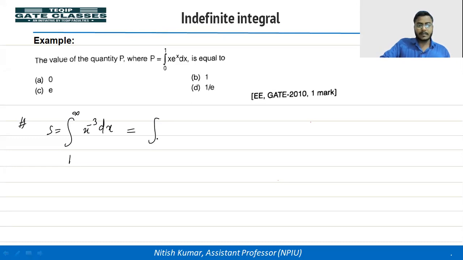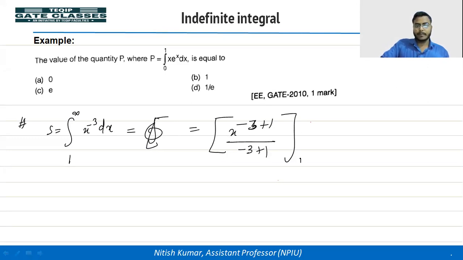We can write here x to the power minus 3 plus 1 divided by minus 3 plus 1, from 1 to infinity. Lower limit here is 1 and upper limit is infinity.